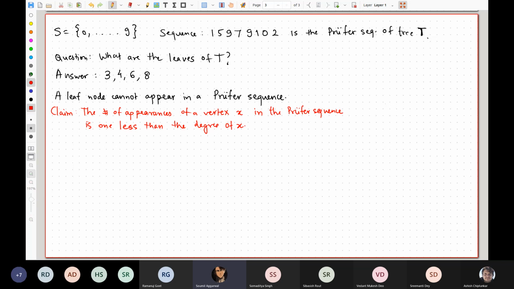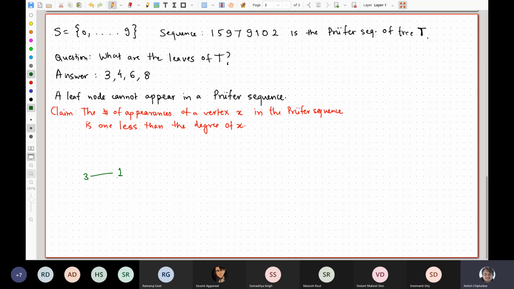I think most of the proofs that we need will follow by inducting by removing that leaf. Somil's argument is, look, 3 is the leaf with the minimum label, and when we remove 3 we recorded a 1, which means 1 must be the neighbor of 3.